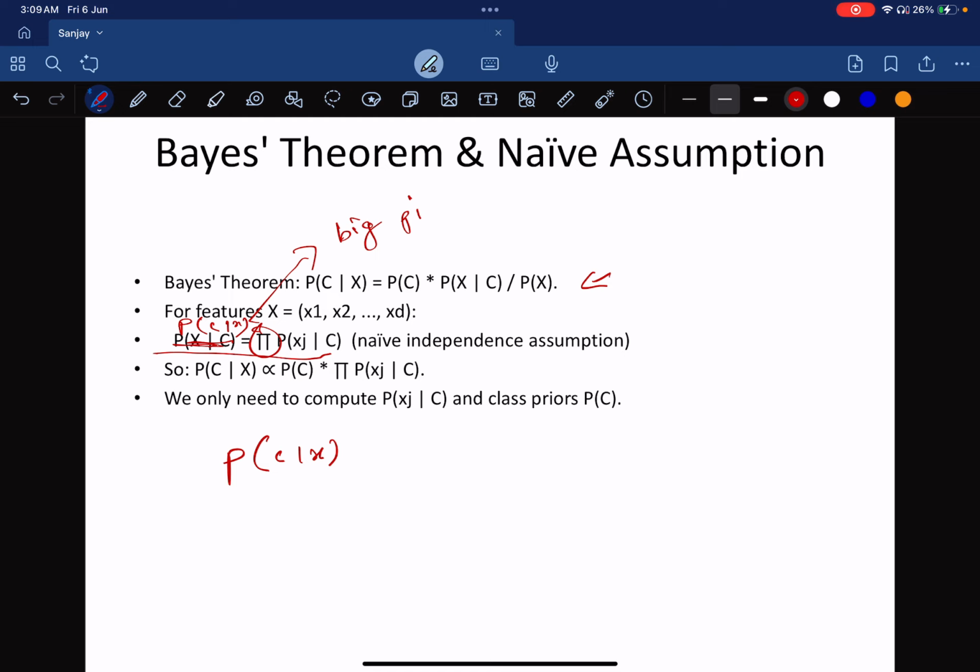In summation we simply add the values, but in the big pi we simply multiply the values.